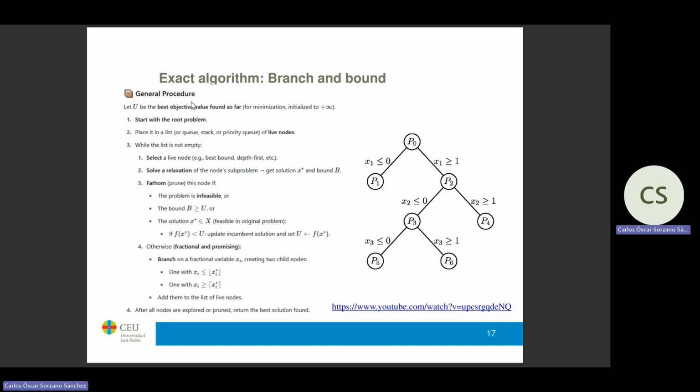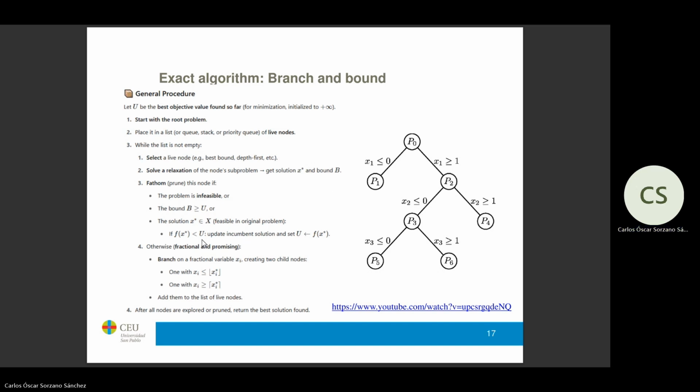So let's say that you are minimizing, so it is the best value that we have seen so far. And the first time you set it to plus infinity. So if the bound that you have found for this problem is larger than the best you have seen, then there is no point in trying to continue, because anyway you will not find anything better.